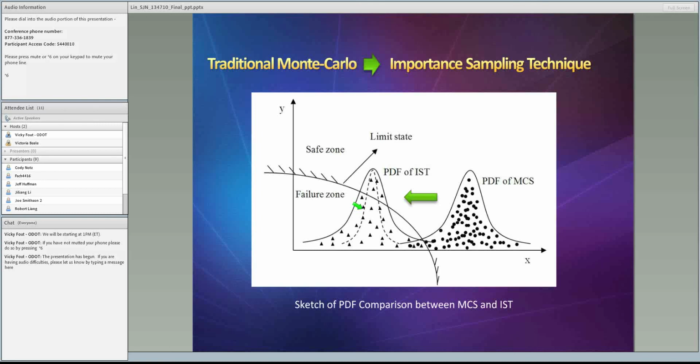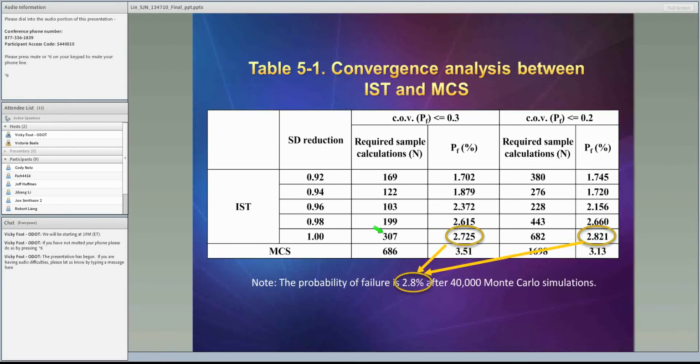And also here is a comparison between the Monte-Carlo simulation and importance sampling simulation for the accuracy. So for the relative error, compared to the 40,000 Monte-Carlo simulations, importance sampling needs only 307 samples to get a relative error of 2.68%.